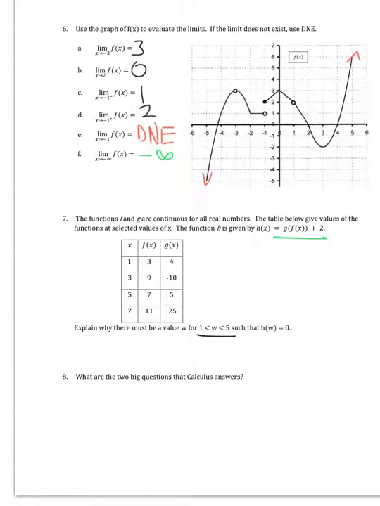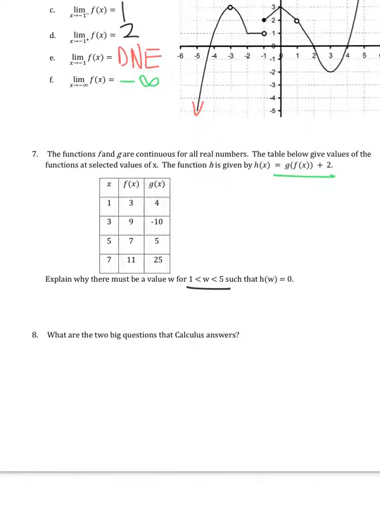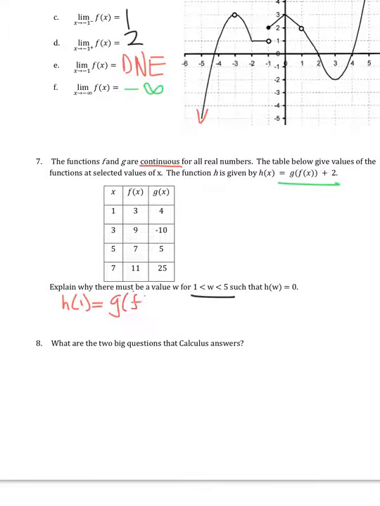So this is a great AP question, as we've talked about. This wording here means that we want the intermediate value theorem. The intermediate value theorem only applies to continuous functions. So we need to find out what h of 1 is. Using this definition up above, h of 1 is g of f of 1 plus 2.